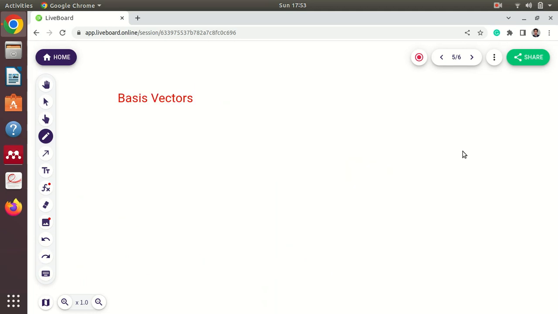Now let's see what basis vectors are, or we also know them as unit vectors, which we call i cap, j cap and k cap and so on. Now when we have n dimensional vectors, instead of saying i cap, j cap, we number them like e1 cap, e2 cap, e3 cap up to en cap.